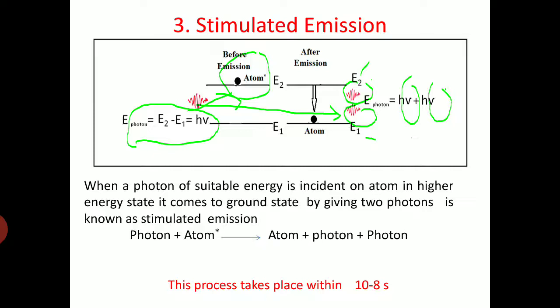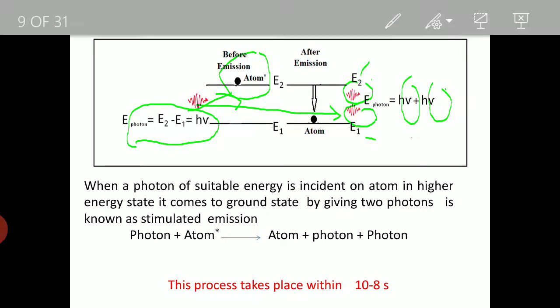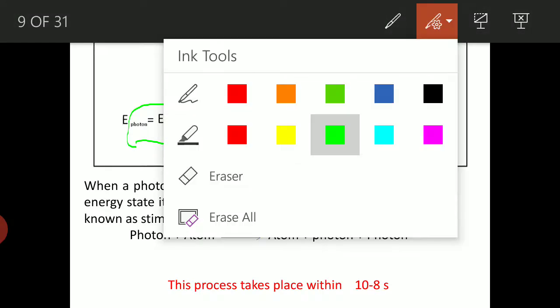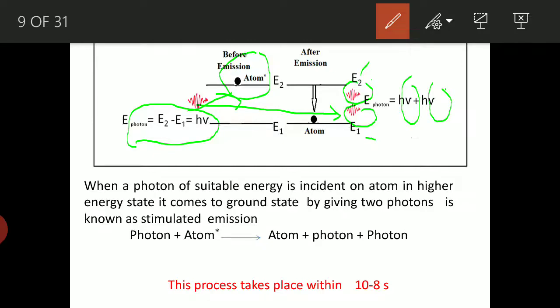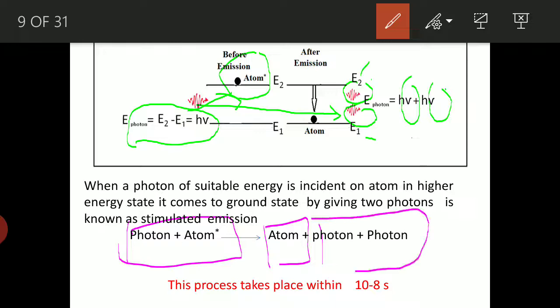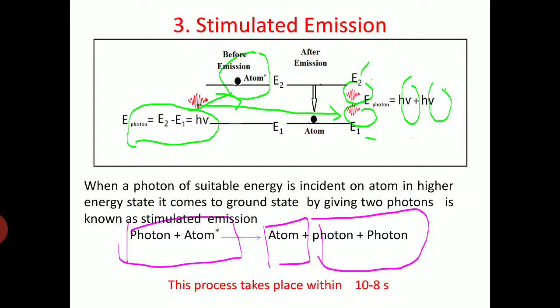So this process can be analyzed in this manner: the photon plus interaction with atom star, which is in the higher energy state, gives the atom which comes to the ground state plus two photons. So during this transition, the stimulated emission, from one photon we get two photons.